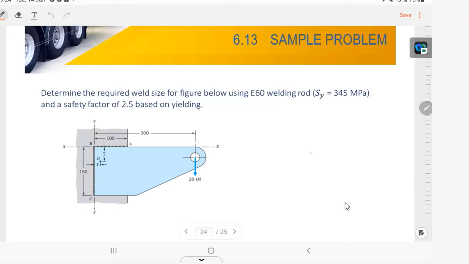Weld size is H. Welding E60 rod. Dia dah bagi dah. Kalau tak, you kena tengok dalam any catalog. That's why. And the safety factor based on yield, maknanya safety factor based on yield 2.5. Then you kena cari H. You kena cari H.